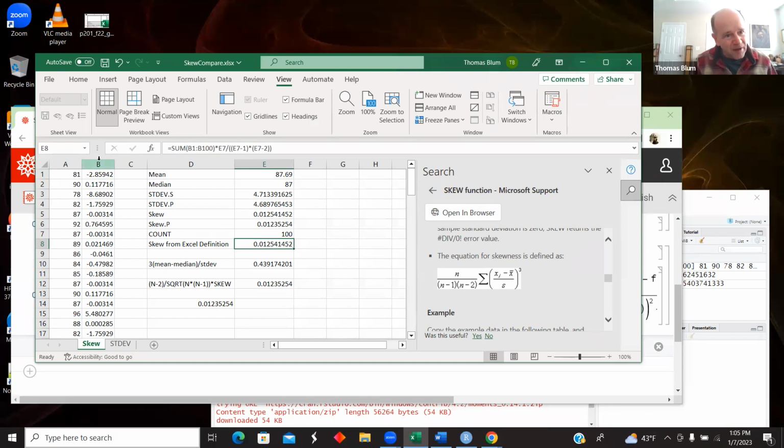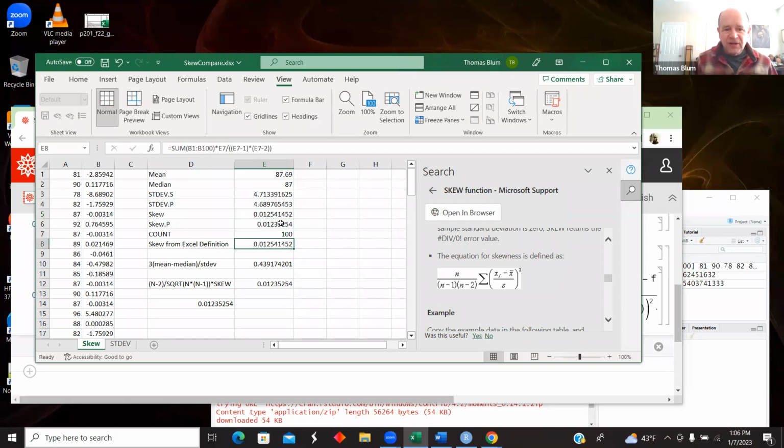I'm taking the sum of that quantity and multiplying it by the count, since E7 was my count, and then dividing by the count minus 1 times the count minus 2, both in the denominator. And so this reproduced what Skew does. So this is what Excel is doing.